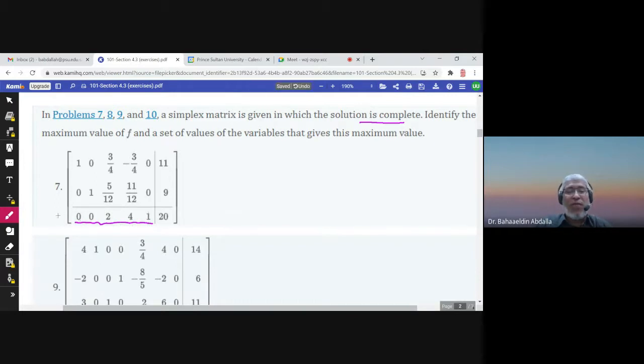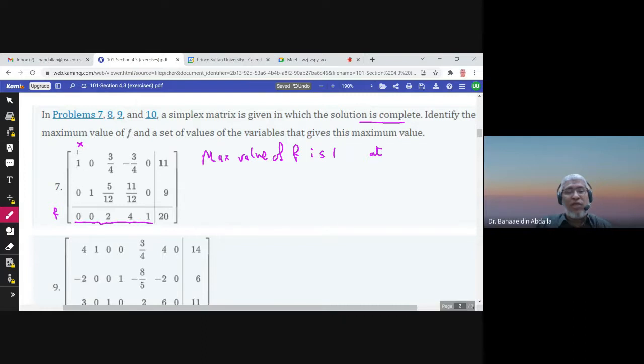So we can immediately see here this is f, it has coefficient 1. So we can read the maximum value of f, and a set of values of the variables. Now here these are the coefficients of x, and x is 1 here.